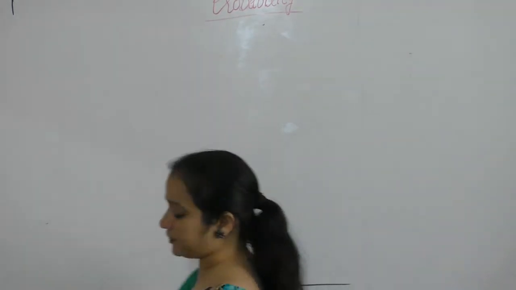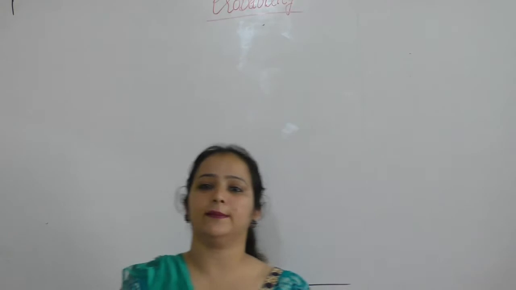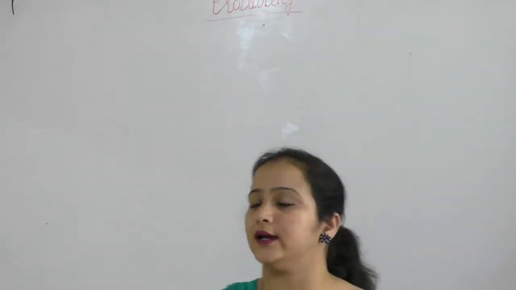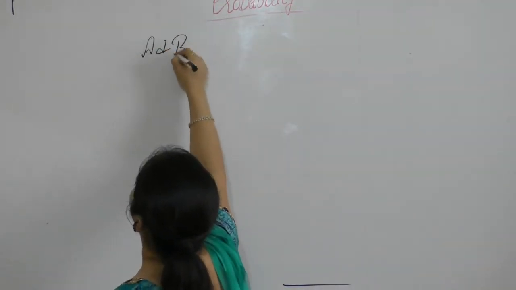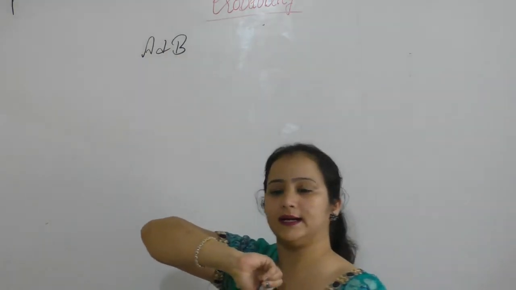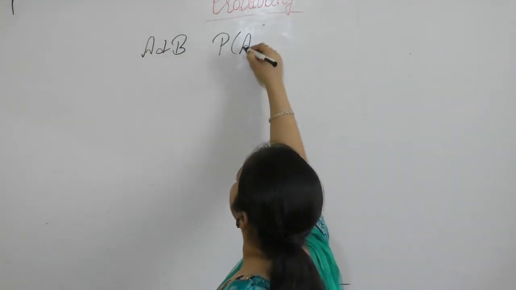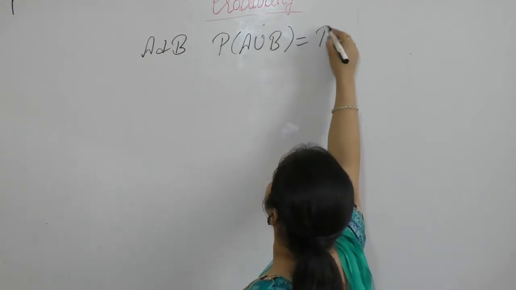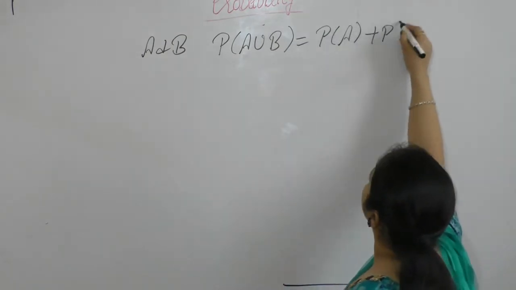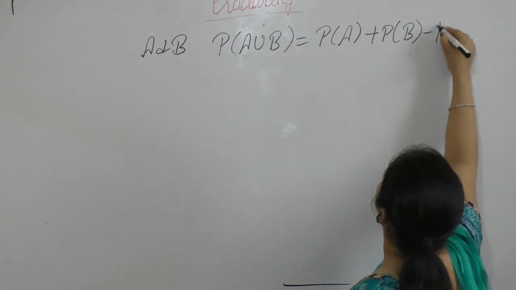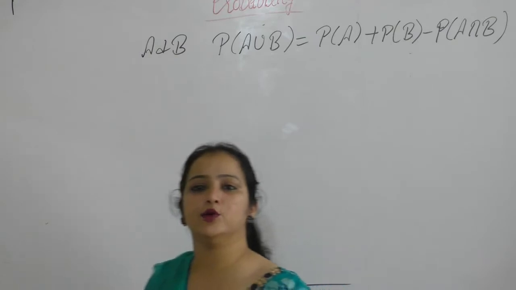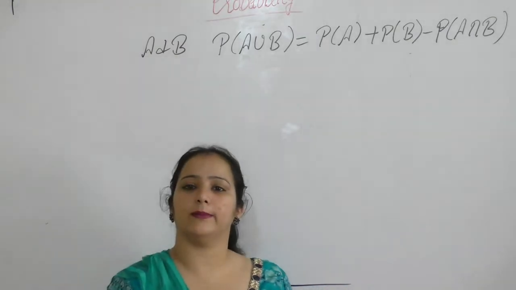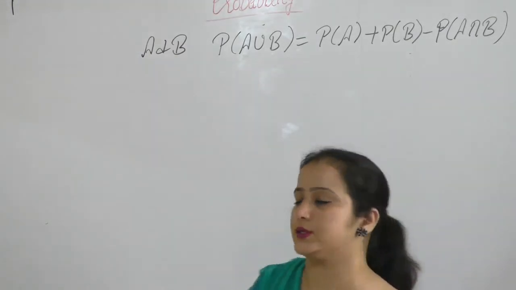Now next we have the addition theorem. If A and B are two events associated with the random experiment, then probability of A union B is probability of A plus probability of B minus probability of A intersection B. If A and B are mutually exclusive, we know probability of A intersection B is 0.